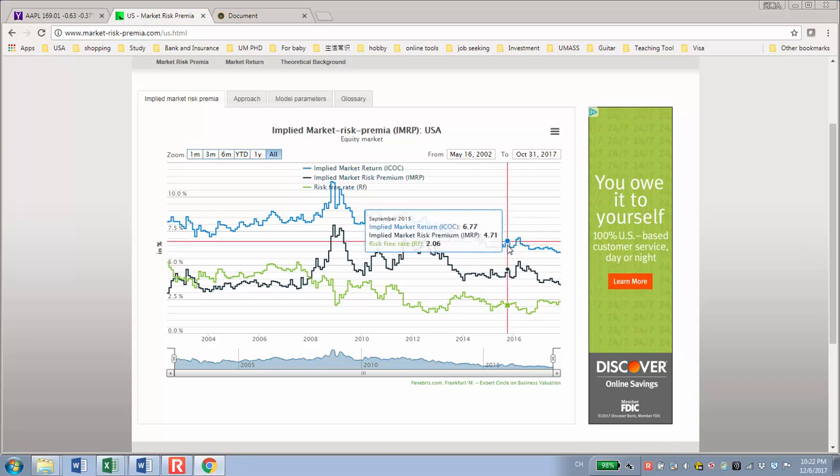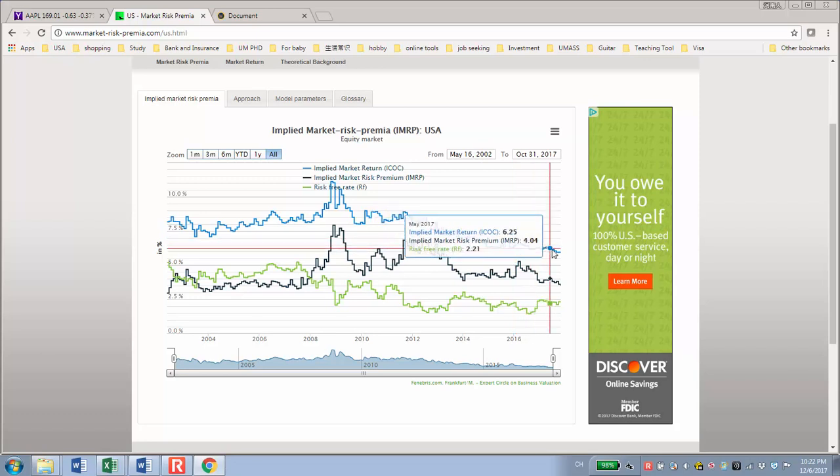There are three variables: implied market return, market risk premium, and the risk-free return. The market risk premium is the difference between implied market return and the risk-free return.